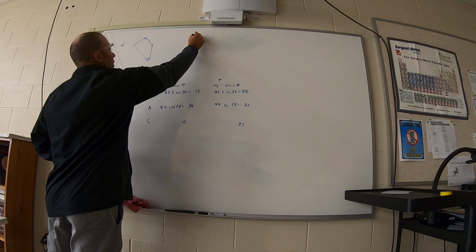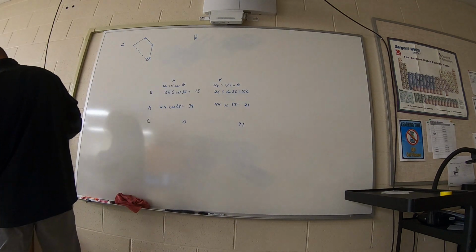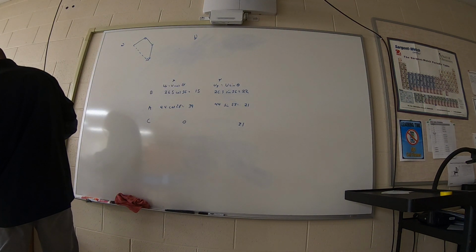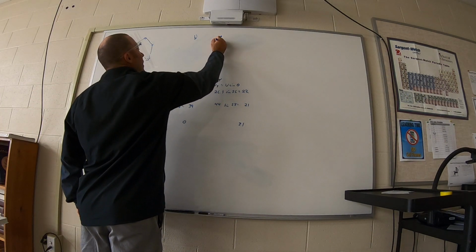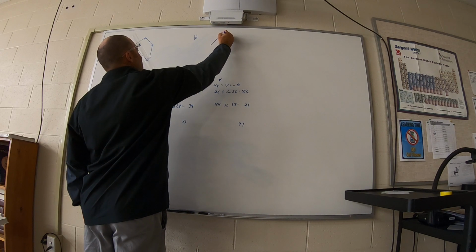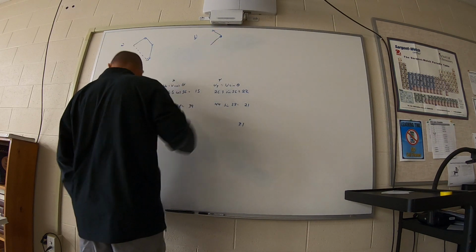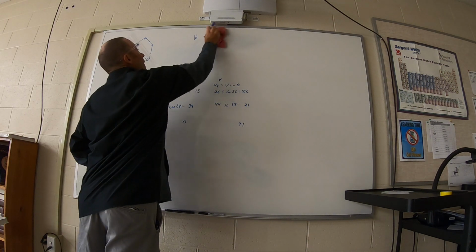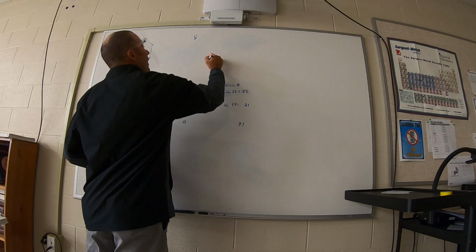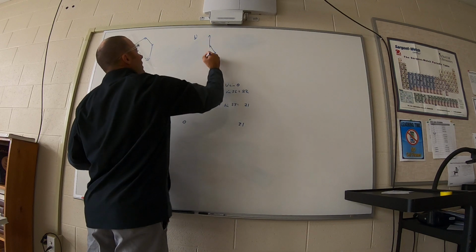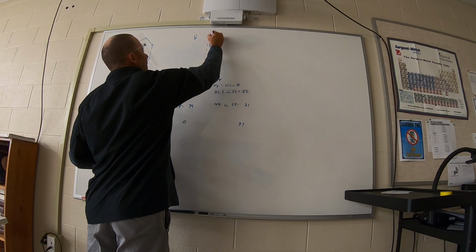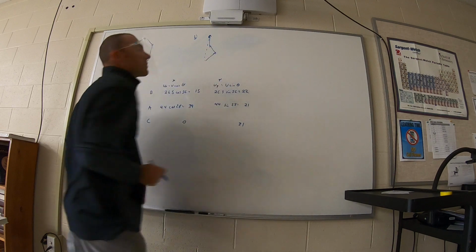Then on letter B, it's A plus B minus C. So A, which way does B go? Like this? Plus B, I'm not gonna have enough room. A plus B minus C is something like that. Kind of getting sloppy here, sorry.